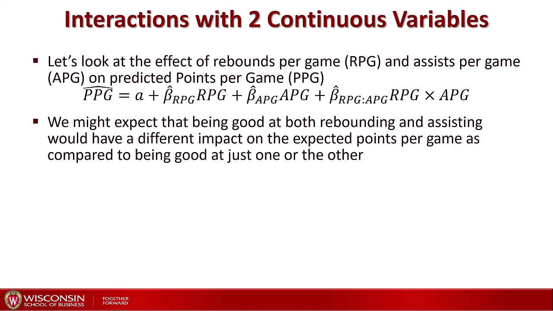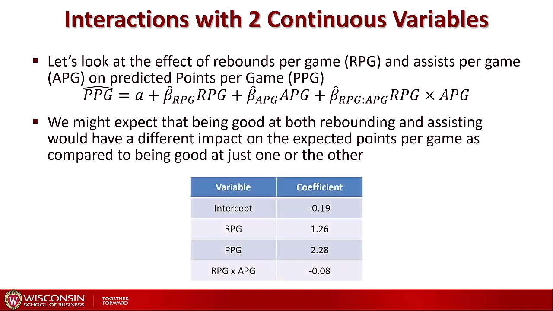Before we run the regression, we might expect that being good at both rebounding and assisting would have a different impact on the expected points per game as compared to being good at just one or the other, and that's why we put the interaction term here. If we run the regression, we find out that actually that might not be the case.